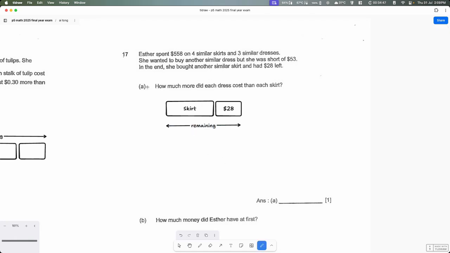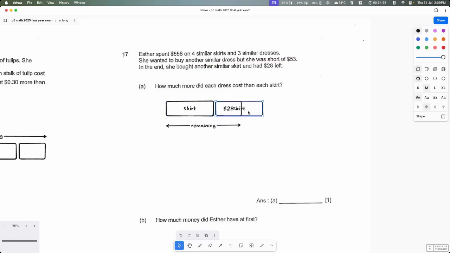Let's move to the middle sentence. She wanted to buy another similar dress, but she was short of $53. This means she had the remaining money, but she's not able to get the dress because she's short of 53. So maybe this is a bit bigger, and this is $53.